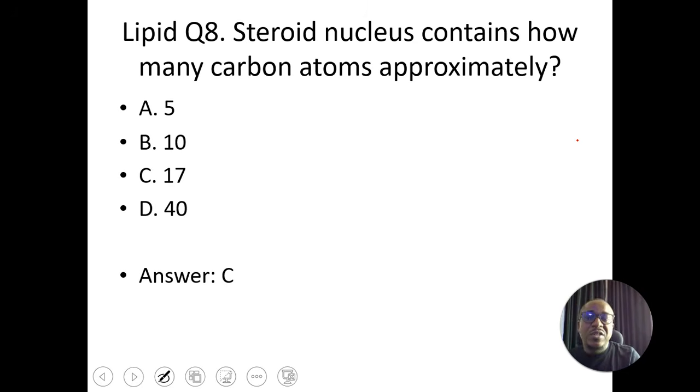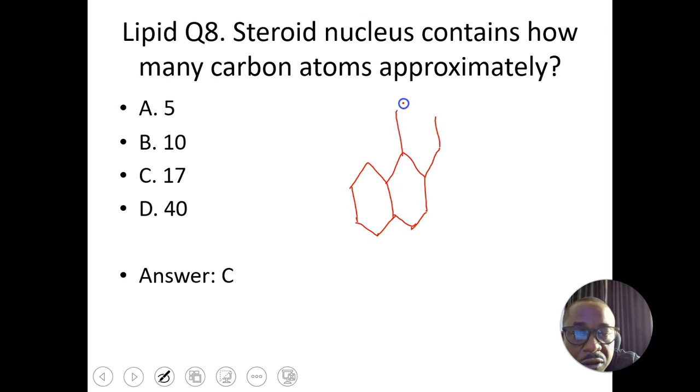Steroid nucleus contains how many carbon atoms approximately? When we talk about the steroid nucleus, we talk about the backbone of sterols. So this is the backbone of sterols. That's 4 fused rings. So this is the ring or the nucleus of steroid and steroid hormones.